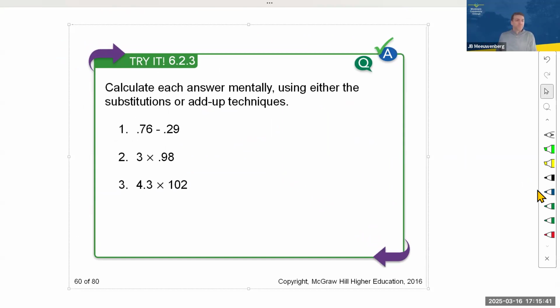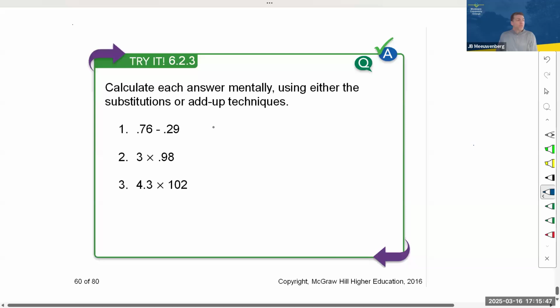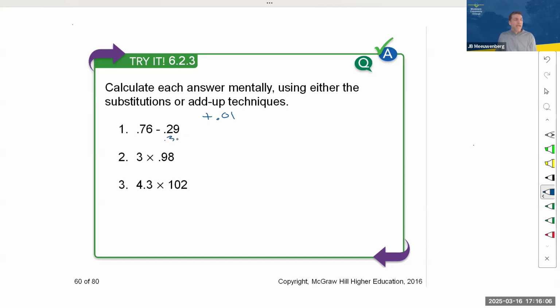So for that first one, this is a subtraction problem. So that add up technique might work really well. However you jot your notes down when you're doing this, and again, ideally you're doing this in your head, I'm taking my 0.29 and I'm first adding 1/100th to it to get up to 0.30.